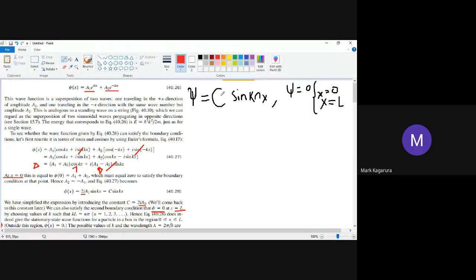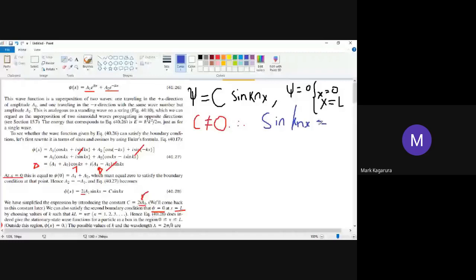So now what do we have? We know that c is not equal to 0 because you have already seen that value of c here. It's definitely not 0. So therefore, sine k n x is equal to 0.